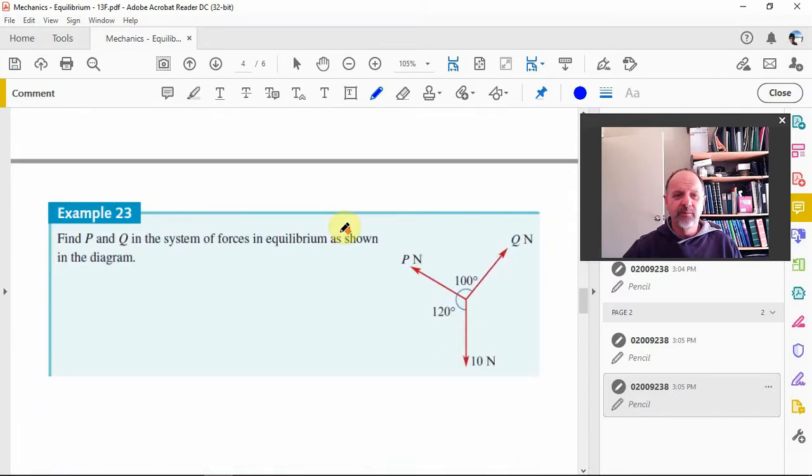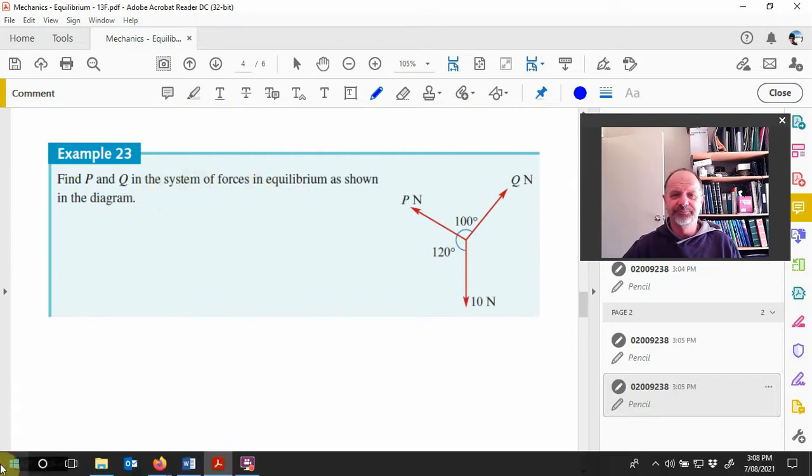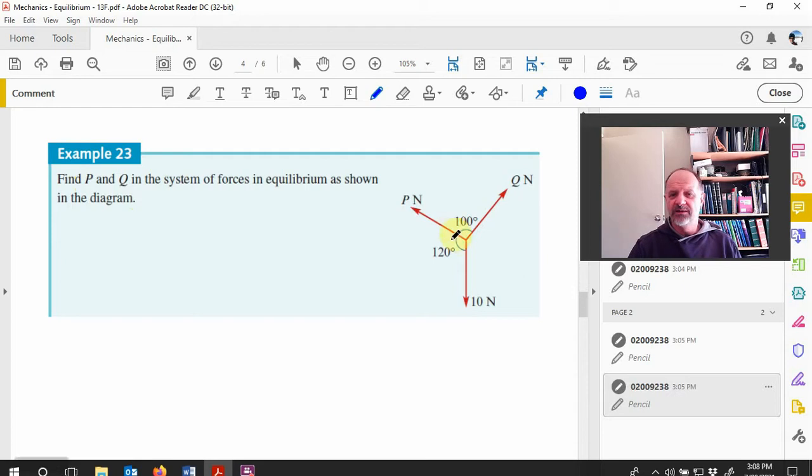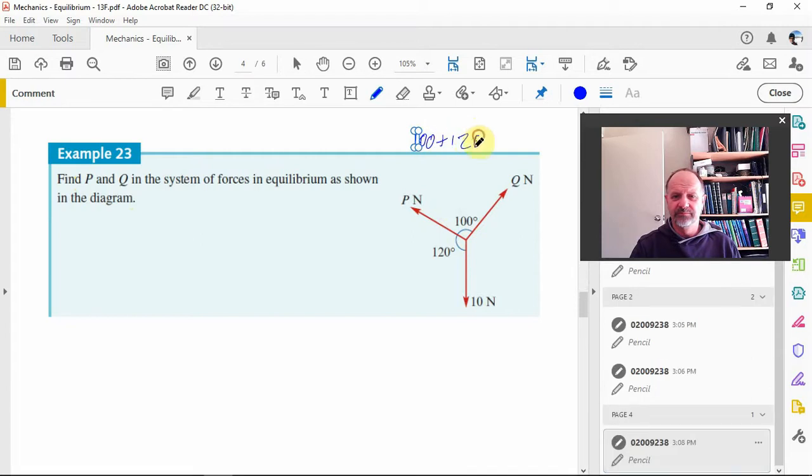Find P and Q in the system of forces shown. First of all, if that's 100 and that's 120, that's 220. And 360 minus 220 is 140. So this angle in here is 140 degrees.